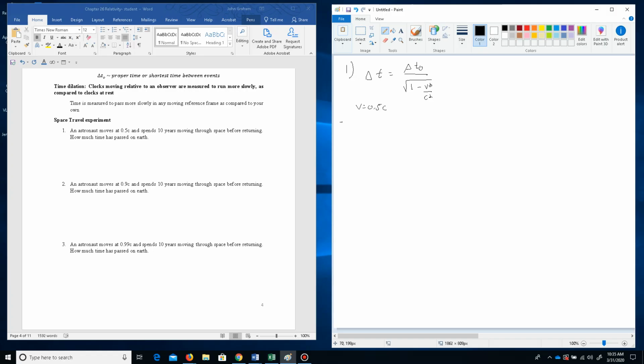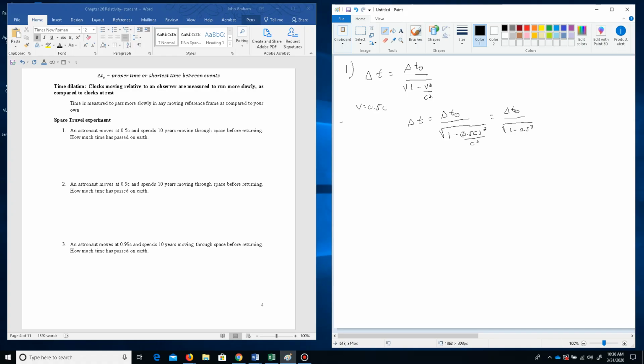Before I get to the 10 years, let's work out some of the math here. Delta t equals delta t sub 0 over the square root of 1 minus (0.5c) squared over c squared. This works out to delta t sub 0 over the square root of 1 minus 0.5 squared.